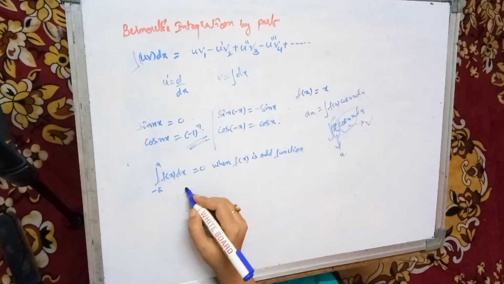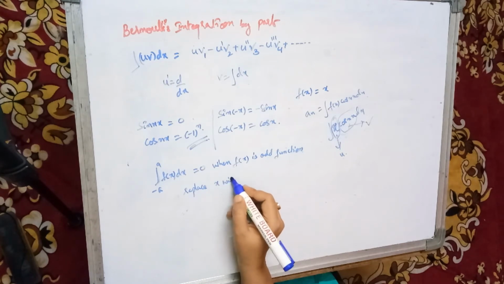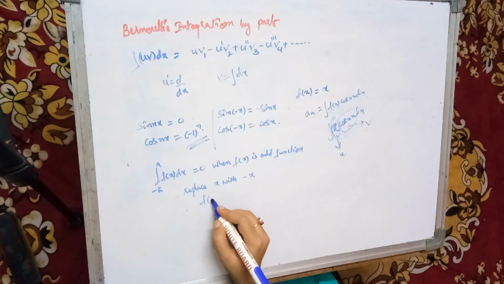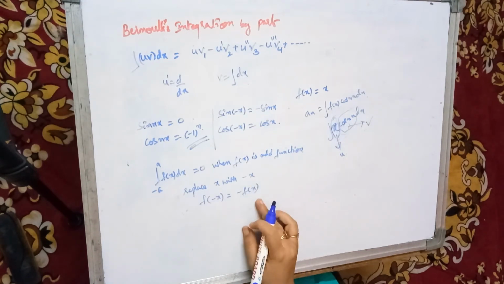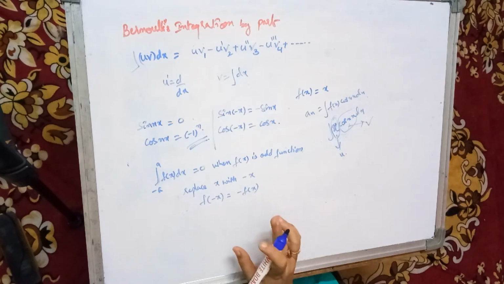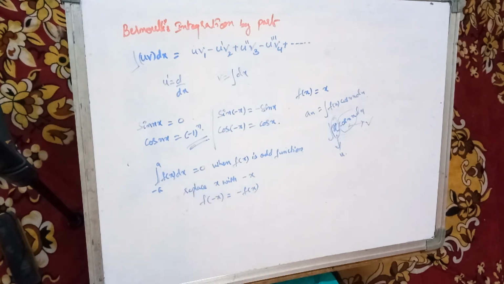You replace x with minus x. In substitution, if you get minus of f of x, then you declare that function is an odd function. Then directly you can write that the integral is going to be 0.